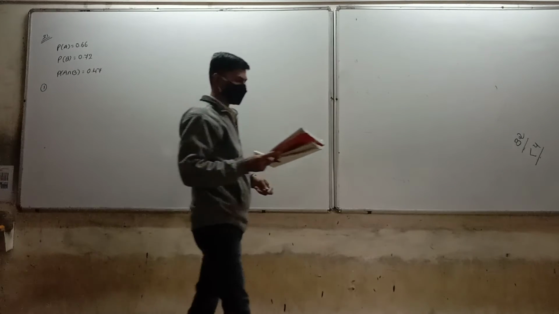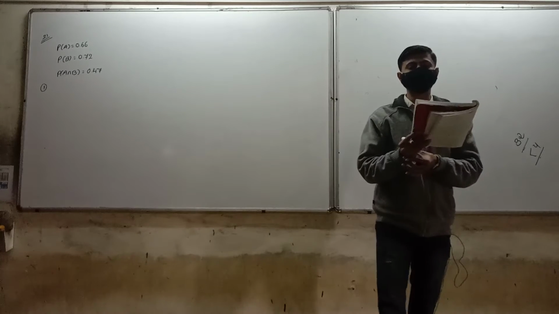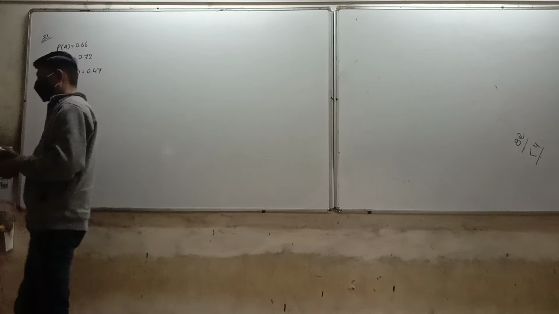So first number 1. The tax limit increase for income of only one of the two, males and females.